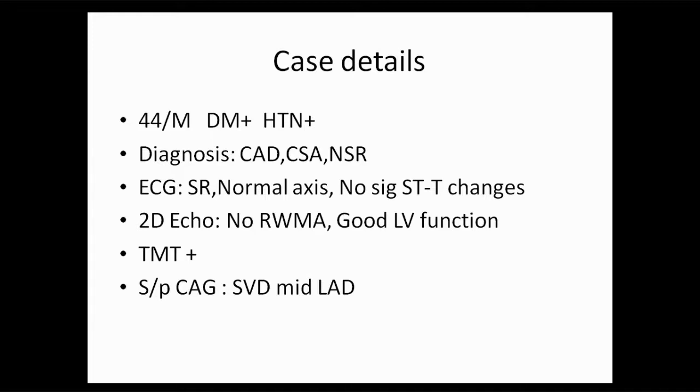So he was subjected to TMT, and it turned out to be positive. We took up the case for angiogram, and it showed single vessel disease in the mid LAD. This was the angiogram. This was the RAO caudal view, followed by the AP cranial view showing disease in the mid LAD segment.